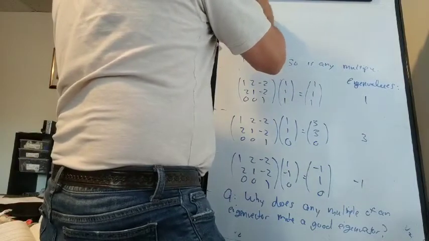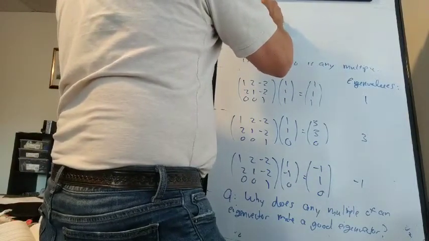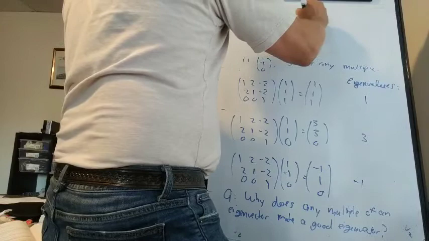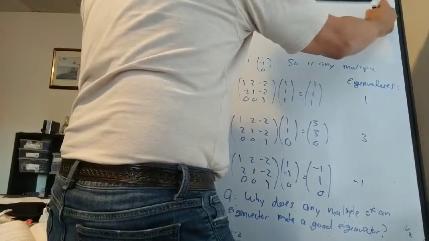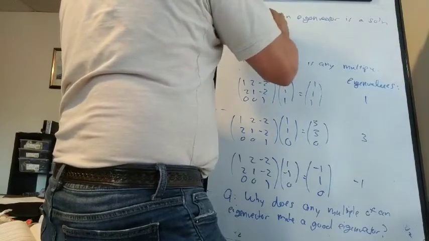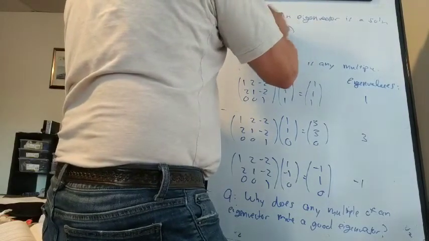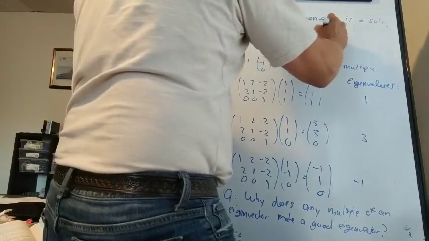Well, the reason is an eigenvector is a solution of A minus lambda I times v equals 0.